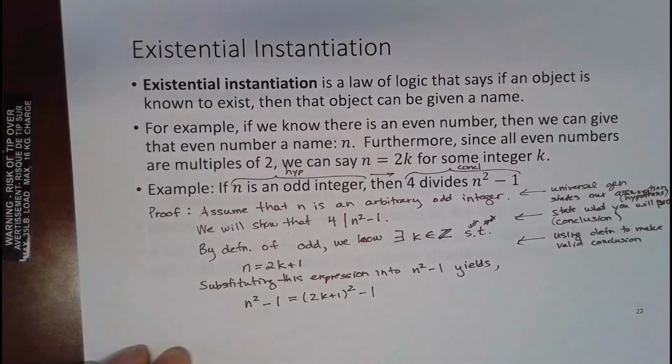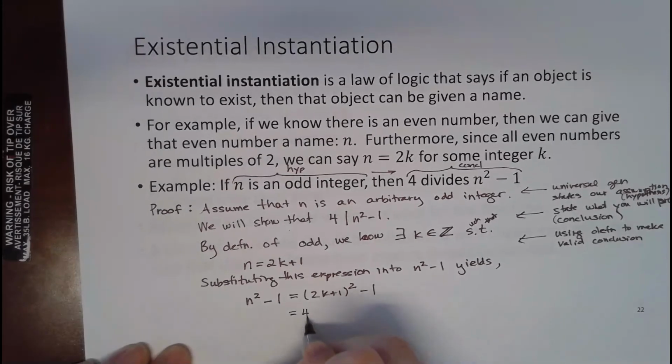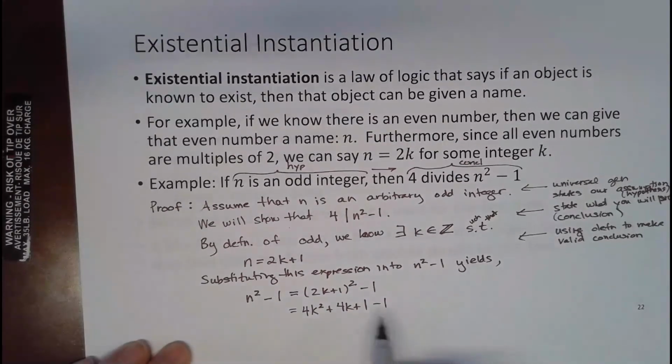And then I can do a little bit of algebra on it. 2k plus 1 squared would be 4k squared plus 4k plus 1, and then minus 1. If I simplify that, I'm just going to get 4k squared plus 4k.